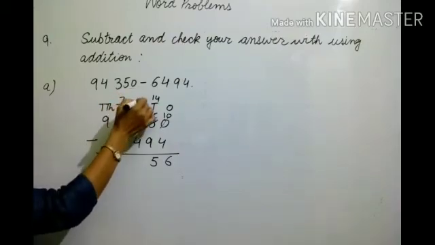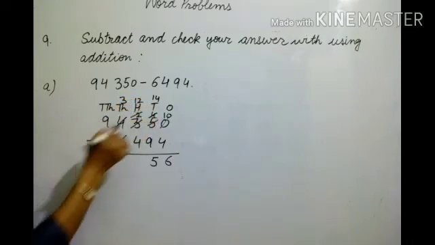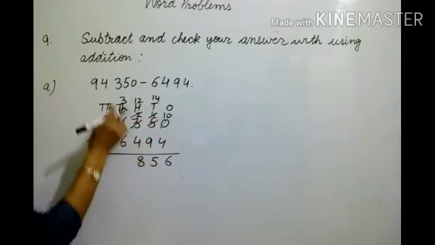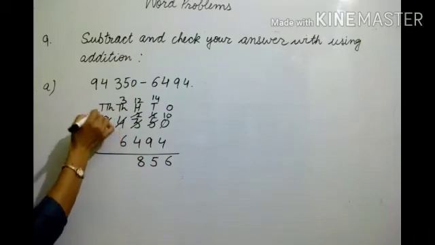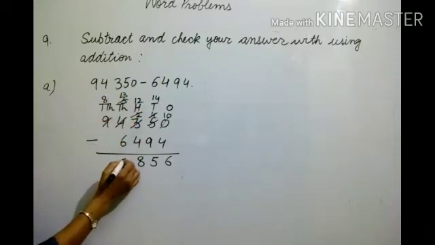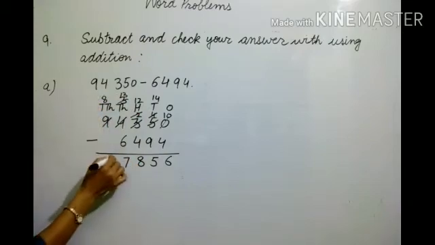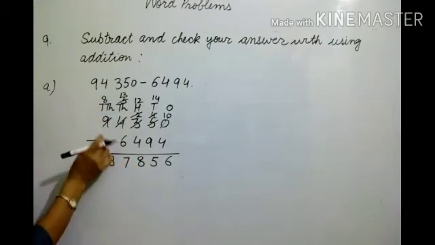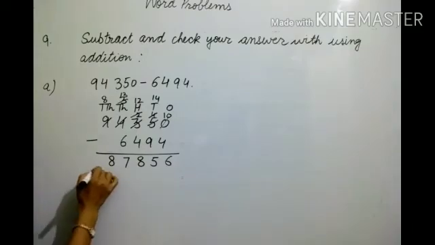Here left 3. Here becomes 12. 12 minus 4 is 8. 3 minus 6, again we need to take borrow. Here left 8. Here becomes 13. 13 minus 6, 7, and 8 will write same, because there is nothing to subtract.